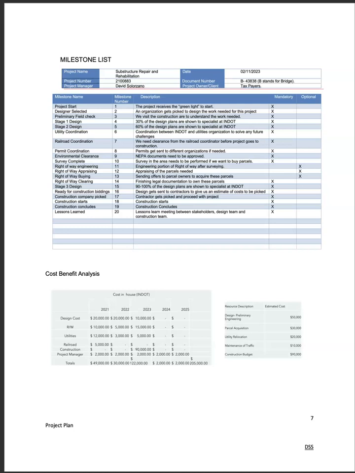Something else I wanted to mention at this point is also the cost-benefit analysis. This is a graph that helps us understand a little bit better how much we spend or the way we can break it down on this project. The money is not like a lump sum that we spend. It's a quantity or amount of money that we pay over time.